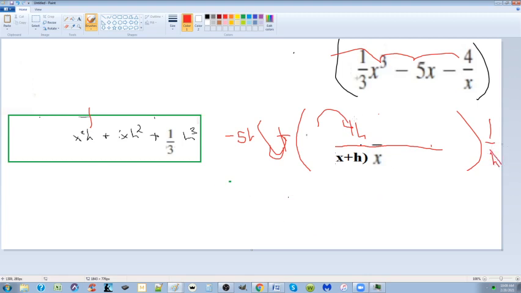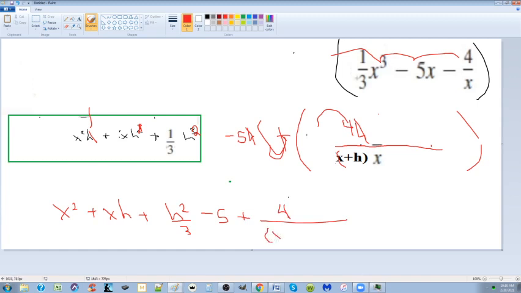And you can see this cancels with this one, with this one, with one of these, and with one of these, and with this one. So I'm going to get rid of this h at the bottom. Now you might say, well, I still have an h at the bottom, but that's okay because it's h plus x. So I'm left with x squared plus xh plus h squared over 3 minus 5 plus 4 over x plus h times x.